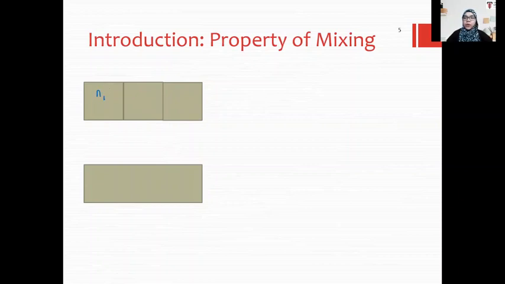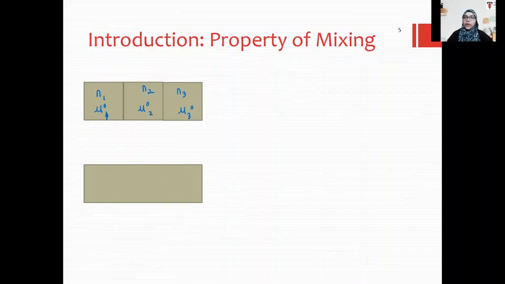We have a first component with its initial chemical potential, and then a second component, and the chemical potential for the second component is identified. The same goes for the third component.